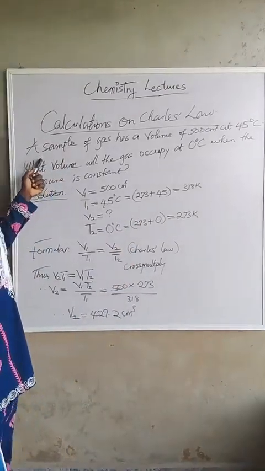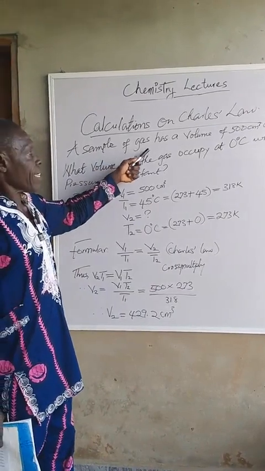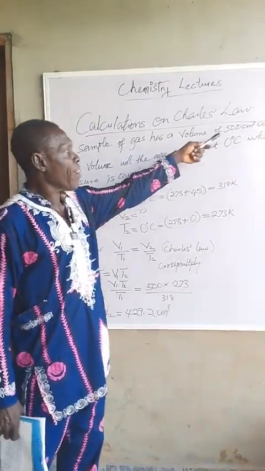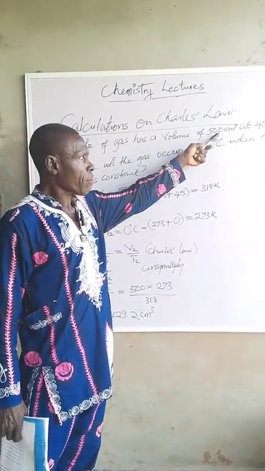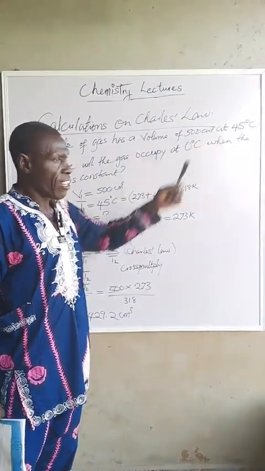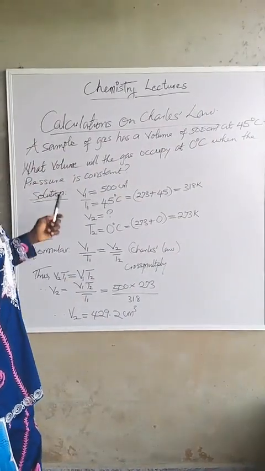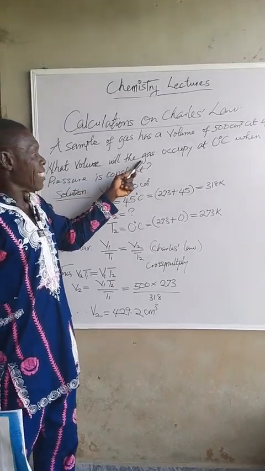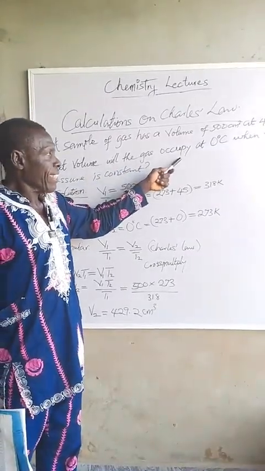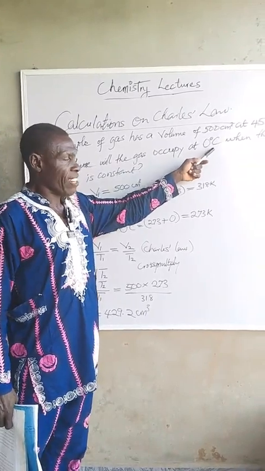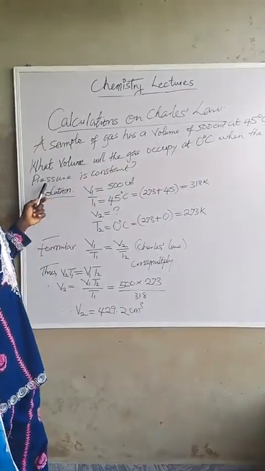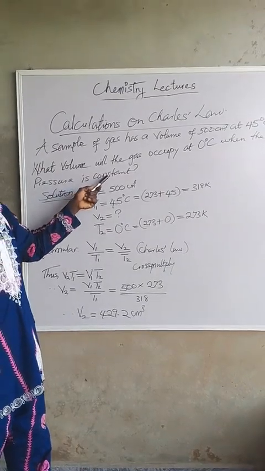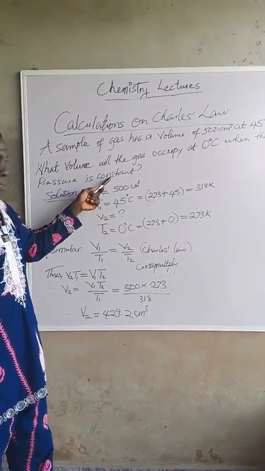A sample of gas has a volume of 500 cm³ at 45 degrees Celsius. What volume will the gas occupy at 0 degrees Celsius when the pressure is constant? See it again.